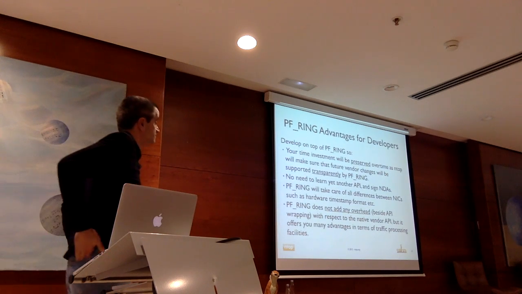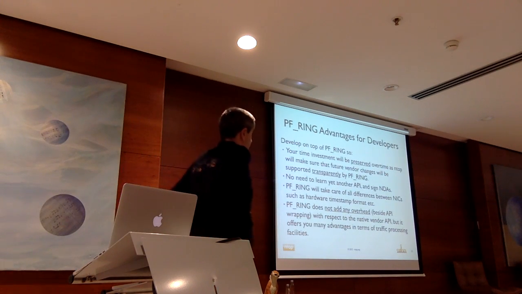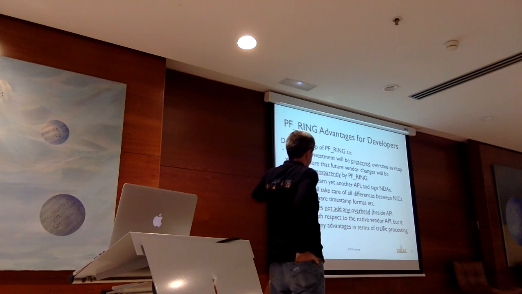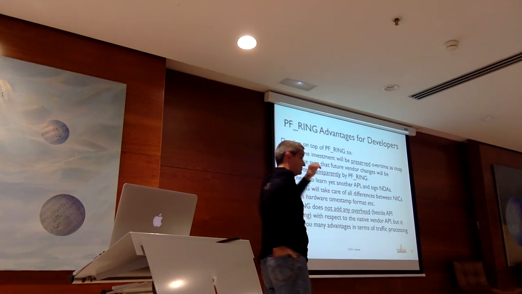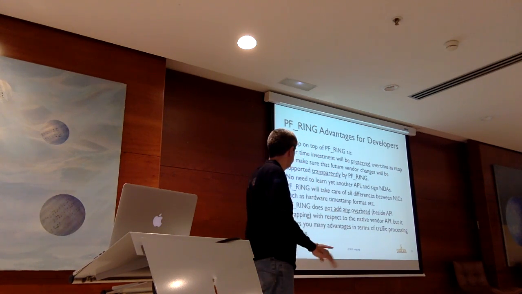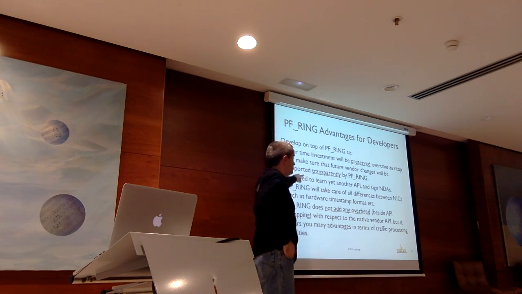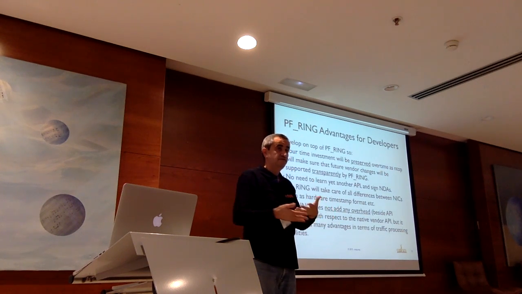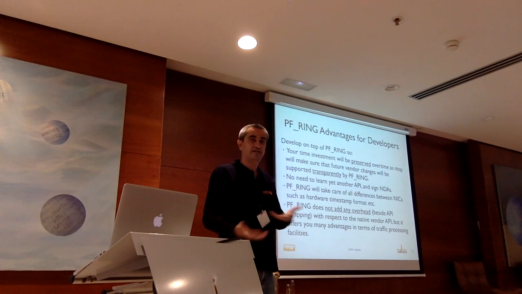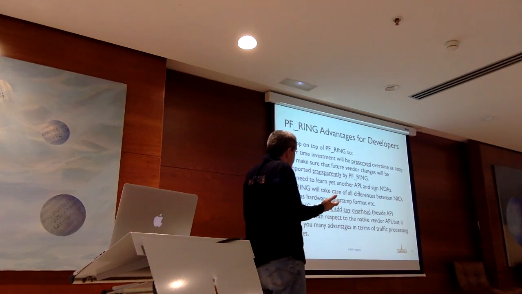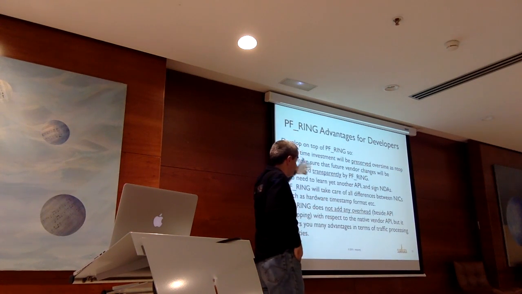But we also see advantages for developers, because we believe we can preserve some of the developers' time simply because there's one API and we take care of the conversion. Also because we support it transparently, so you don't see many differences from one adapter to the other, besides the interface thing. So we have one API, no NDAs, and of course we take care of the differences.